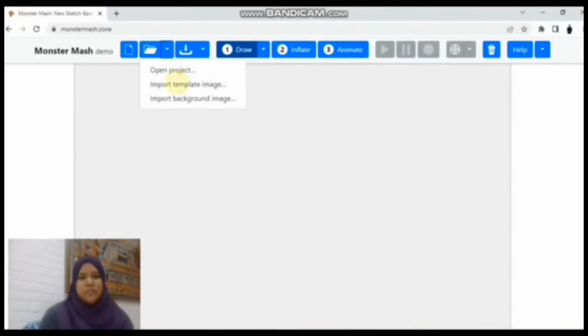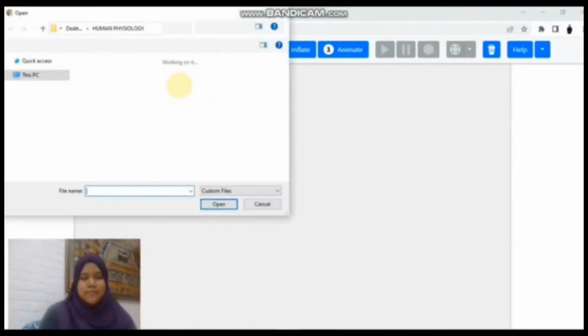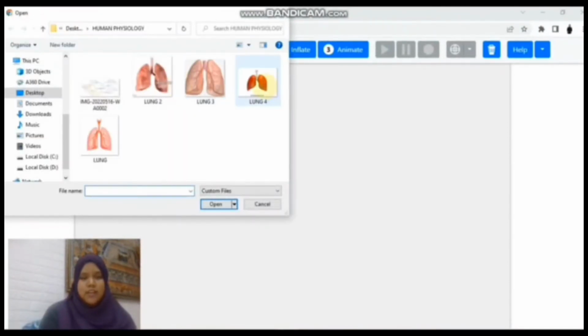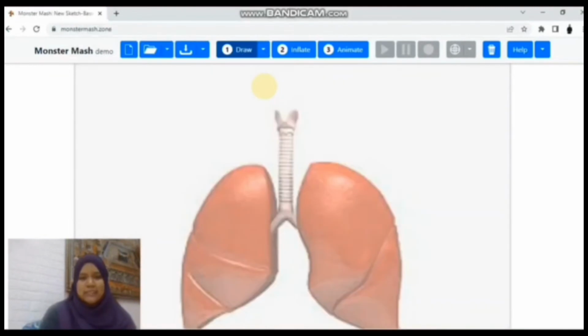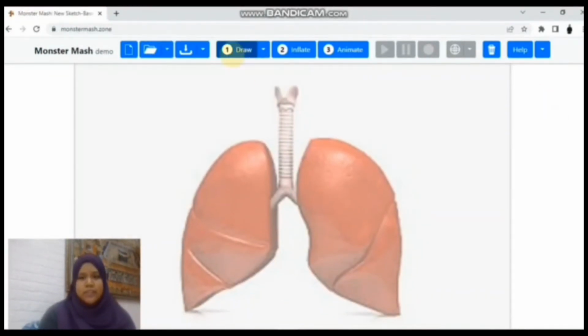First of all, we import the template image. Then we select lung. After that, we click draw and we just draw following the original image.